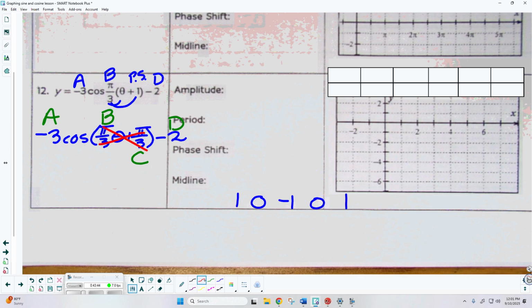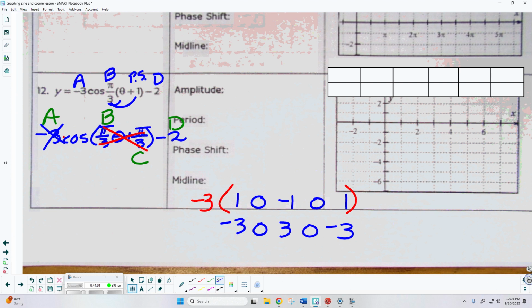So you want to take care of, follow your order of operations. So if it's multiplication, that's what we're going to begin with. I'm going to start by multiplying these by -3. So that's going to be -3, 0, +3, 0, -3. So right there, I took care of both the reflection and the vertical dilation at the same time. Okay.